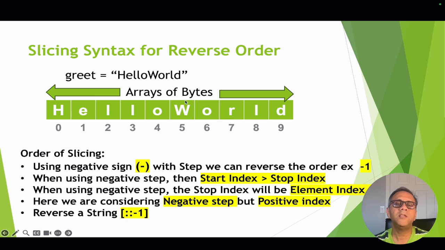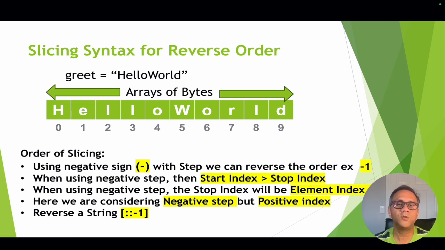And let's say you use the start parameter as 5 and the stop parameter as 10. Then you are telling Python to go from right to left starting at 5, and it will try to search on the left-hand side for index 10 and you will not get it, so it will not return anything to you.